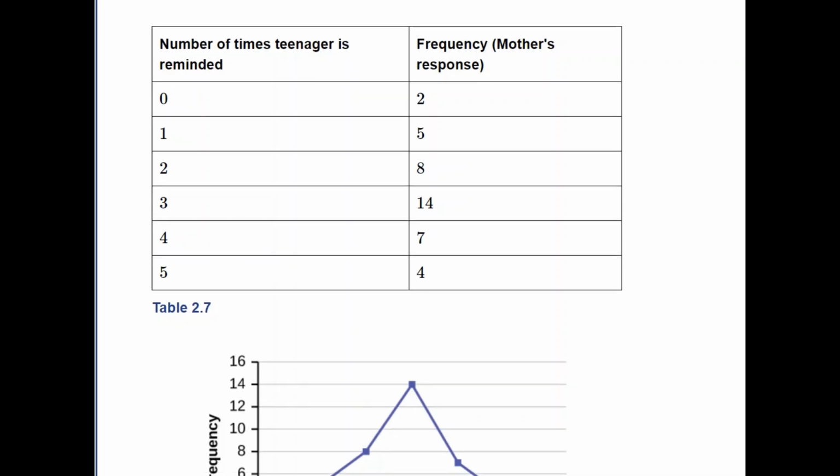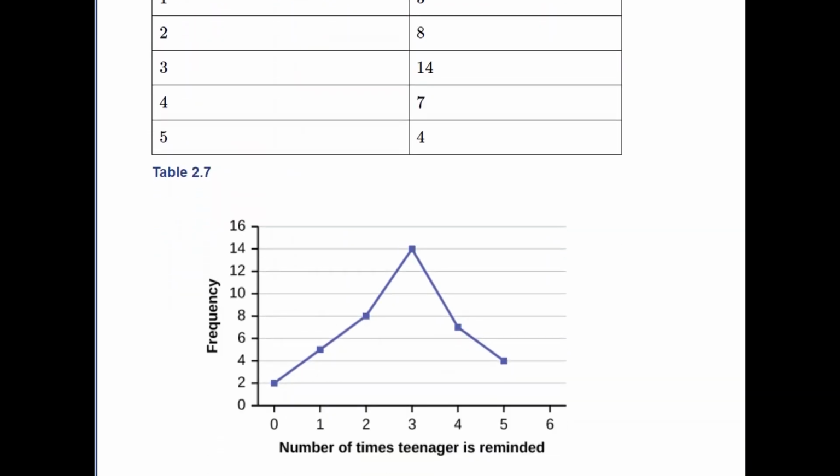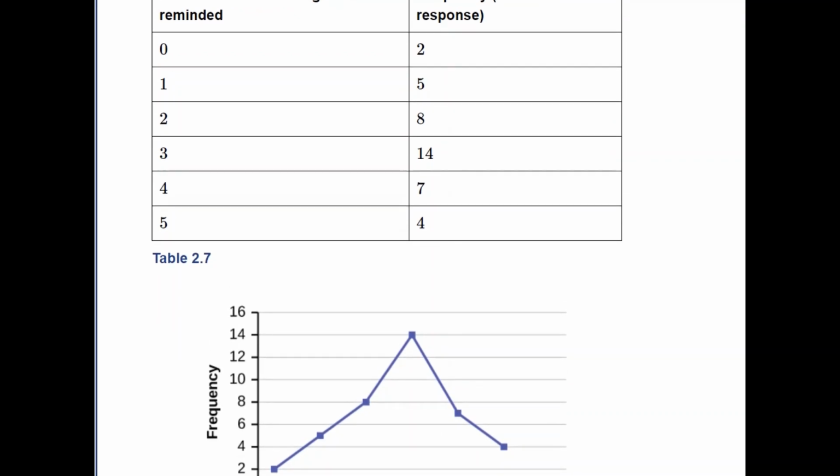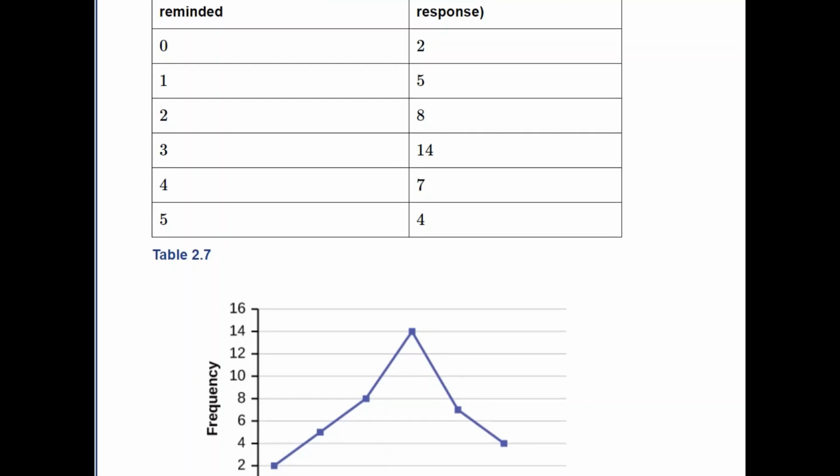So we pick the values between 2 and 14, and we label the graph from 0 up to a few numbers ahead of 14. So we stopped at 16. Okay, now we see how we draw the graph. The number 0 on the x-axis corresponds to number 2 on the y-axis.